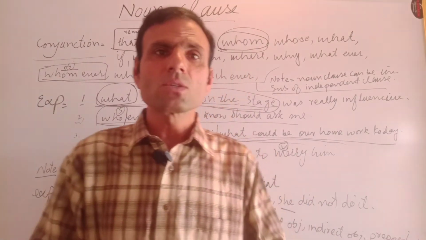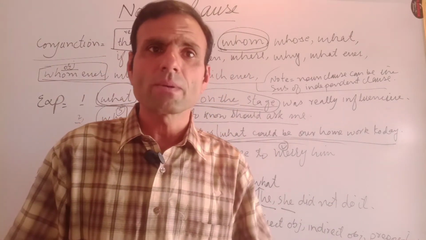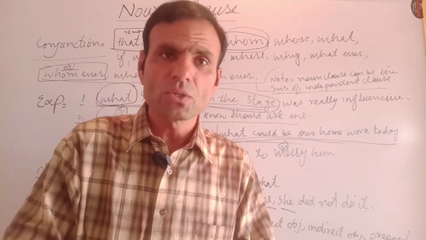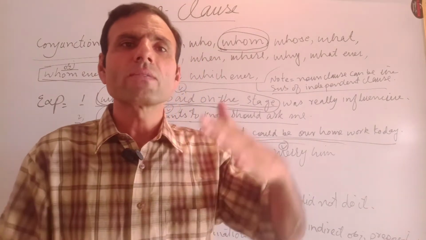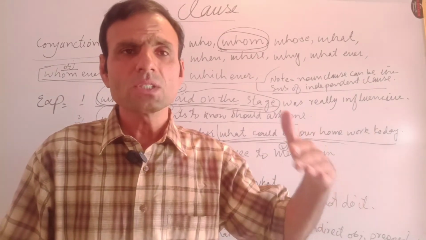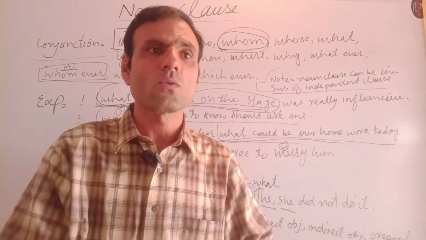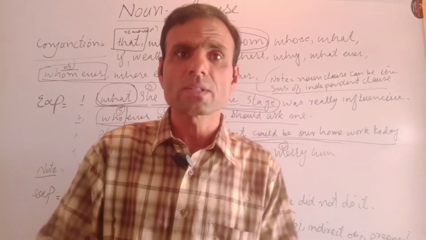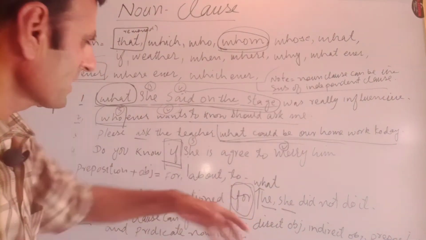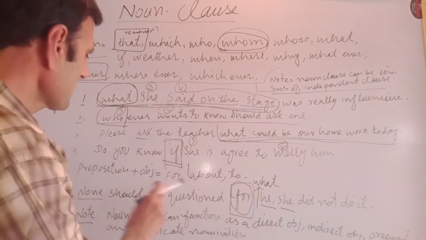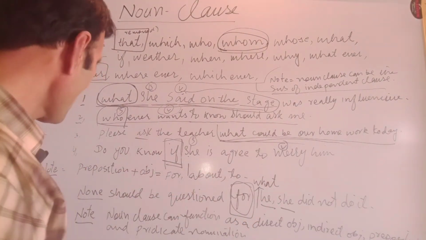It means no one should be held responsible for some action that is not done by them. Everyone should be held responsible for his own actions, for his own deeds, for something he did himself. So this is for, and we used it here. This for is used as a preposition in the noun clause.